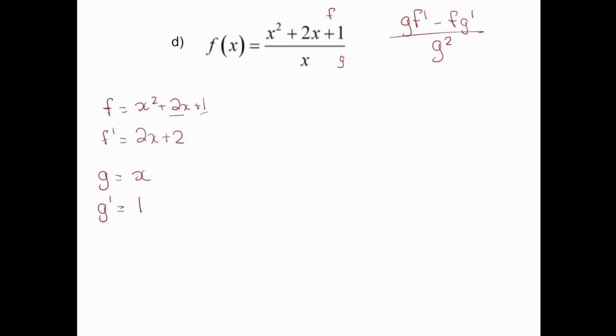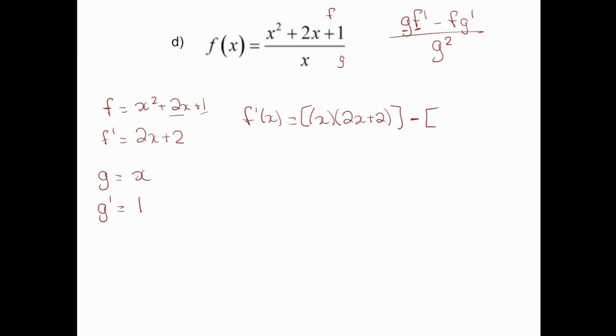Okay, so now let's put it together. Low D high, probably should write this out a little bit more formally than what I have been doing. Okay, so my first derivative is, I have my bottom times the derivative of my top. So my bottom is x times the derivative of my top, which is 2x plus 2. And we're going to put them in a little safety net of some brackets.